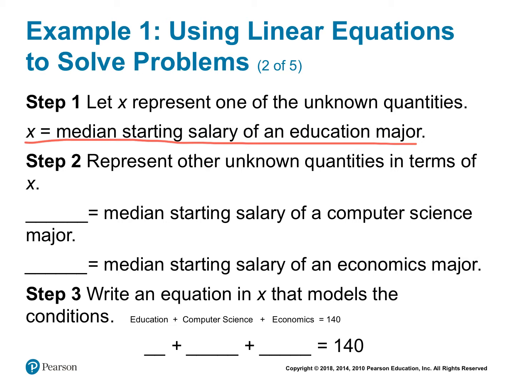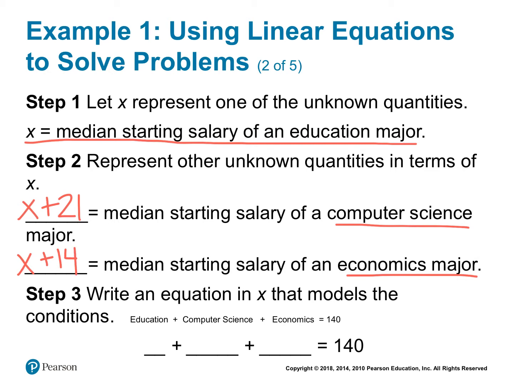Computer science made $21,000 more than the education major, so that's x plus $21,000. For an economics major, it was $14,000 more than education, so x plus $14,000 is our economics major.